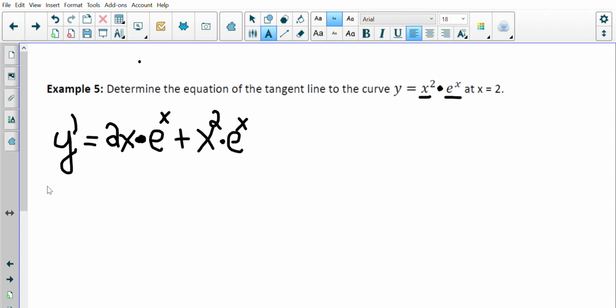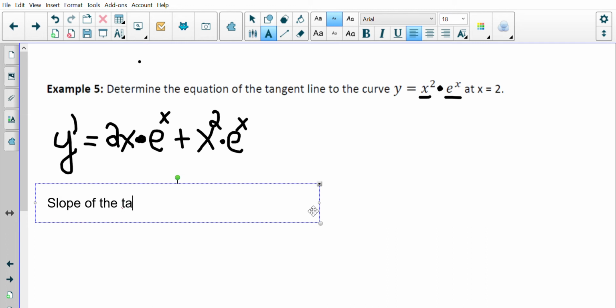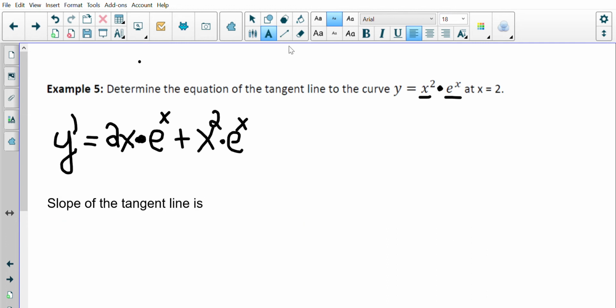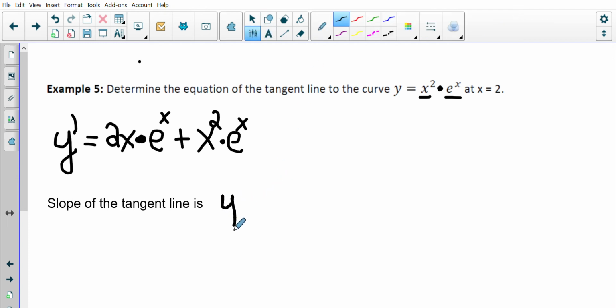Now, slope of the tangent line. To find the slope of the tangent line at x equals 2, what we're looking for is the value of our derivative. And we draw that big line there to show that we're going to sub in a value of x equals 2. And let's see, what would we end up with here?